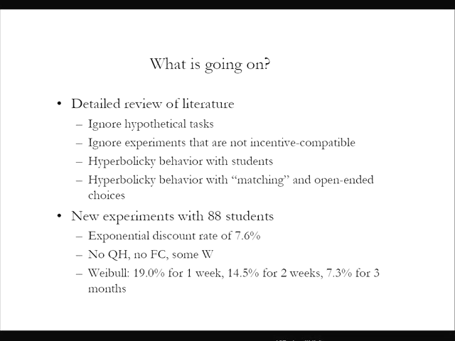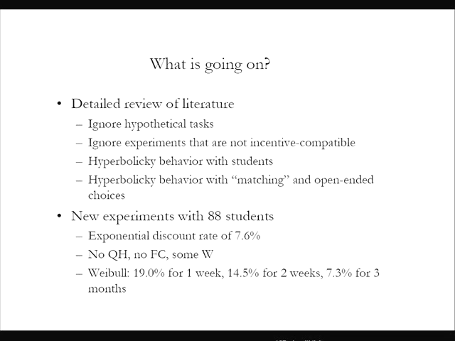So what we did in the next stage is that we conducted some lab experiments with students. We didn't change our elicitation mechanisms. We kept the treatments the same, and so on. And again, this time the exponential discount rate increases a bit to 7.6%. We don't find any quasi-hyperbolic behavior, and we don't find any hyperbolic behavior with any of the other specifications.